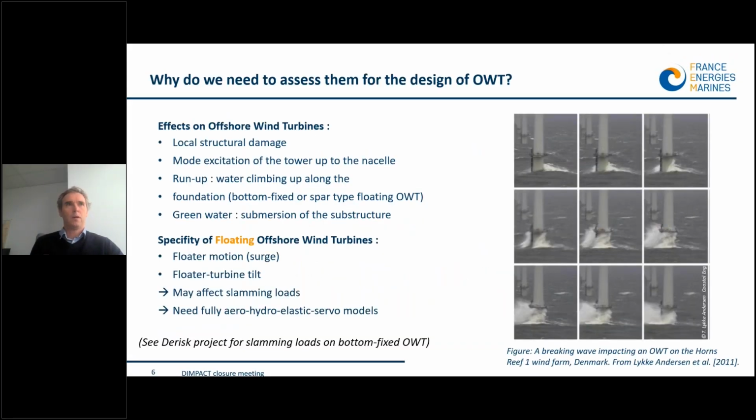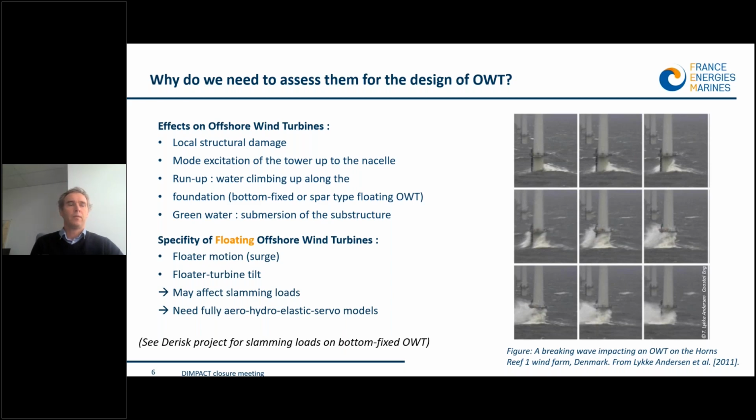So it's quite a well-known problem for bottom fixed offshore wind turbine, and today we will be focusing on the floating offshore wind turbine. Floating offshore wind turbine actually moves in the water, they float, and the surge motion and the tilt of the turbine may affect the slamming loads. And therefore, we actually need to go through fully hydroelastic servo models to understand the slamming scenarios to which floating offshore wind turbine are exposed.